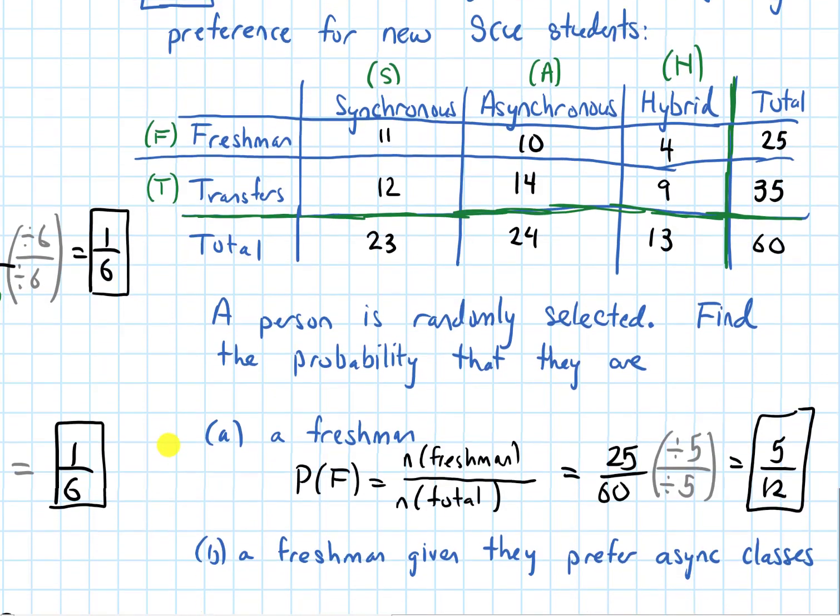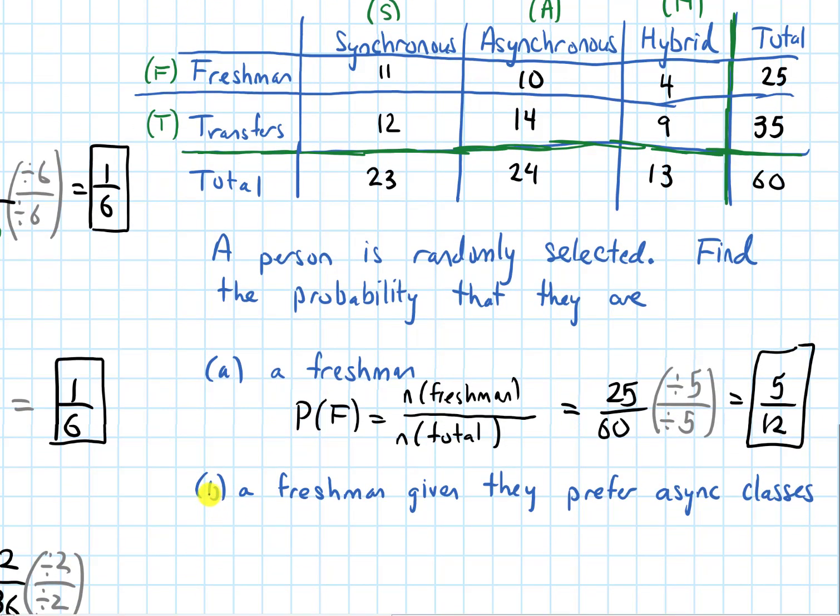All right, so let's do a conditional probability. Part B asks, what's the probability that they are a freshman given that they prefer asynchronous classes? So let's write this with our notation first.